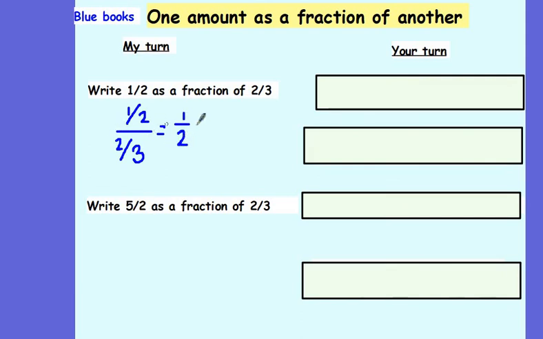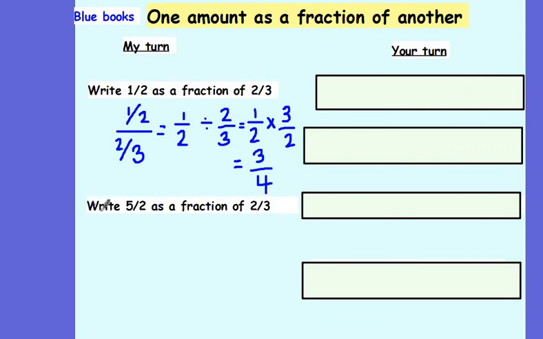This line across the middle means the same as divided by 2/3. I can now apply my keep the first fraction, flip the second fraction, change the sign to a multiply. 1 times 3 gives me 3 on the top, 2 times 2 gives me 4 on the bottom.